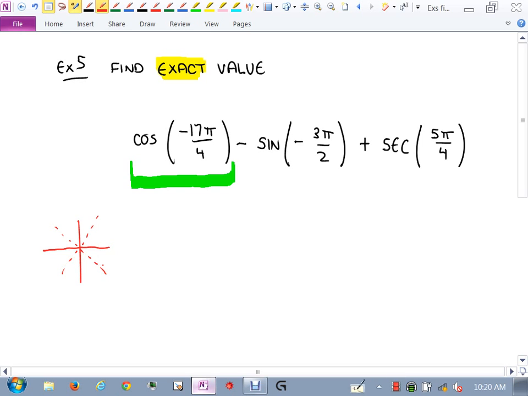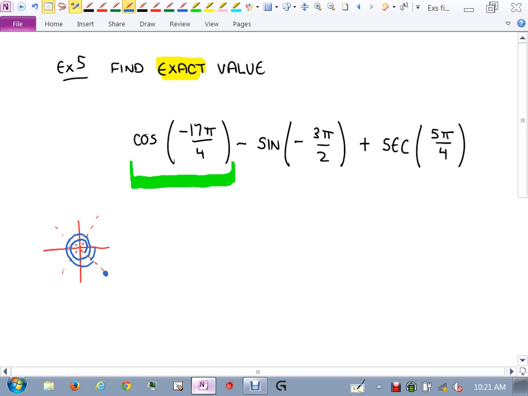I'm going to start working through this one, okay? Negative 17 pi over 4 means I need to look at the pi over 4 increments, and I need to go clockwise. I need to count 17 of them. Starting at 0, I go 1, then 2, 3, 4, 5, 6, 7, 8, 9, 10, 11, 12, 13, 14, 15, 16, 17.